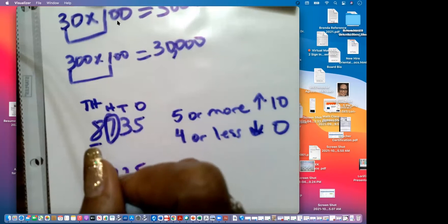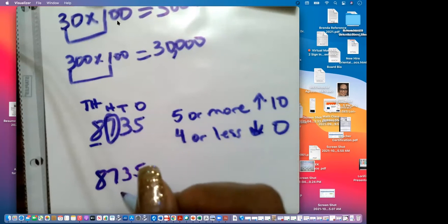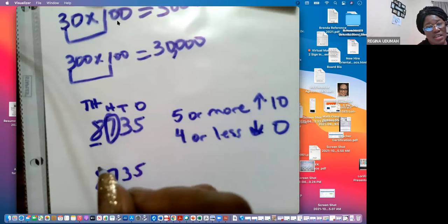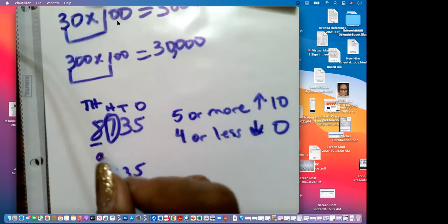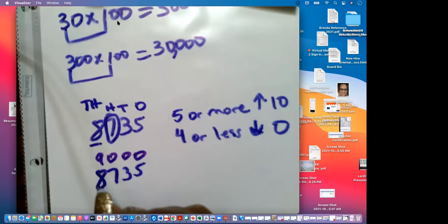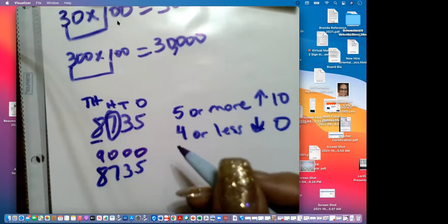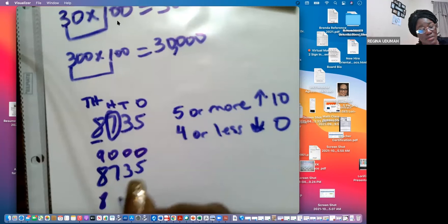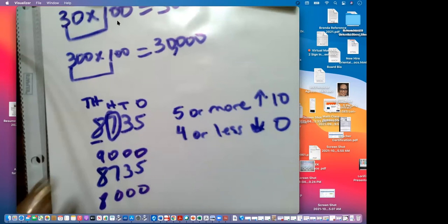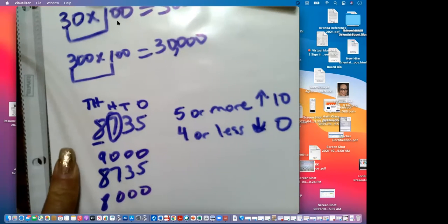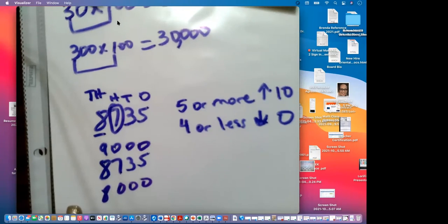What is 1,000 more than 8,000? 9,000. What is 1,000 less than 9,000? 8,000. So we have a little grid here. We're either going to round up to 9,000 or down to 8,000.